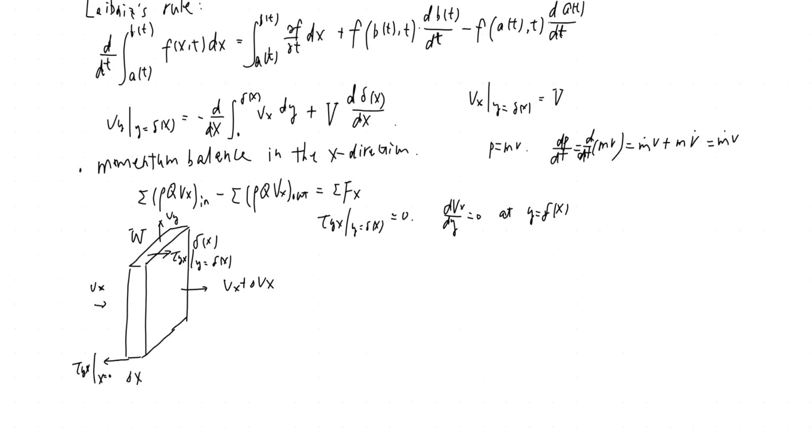So you have m dot Vx in minus m dot Vx out equal to delta Fx. Here we see x in the subscript of V and F. It means we are collecting momentum balance in the x direction.